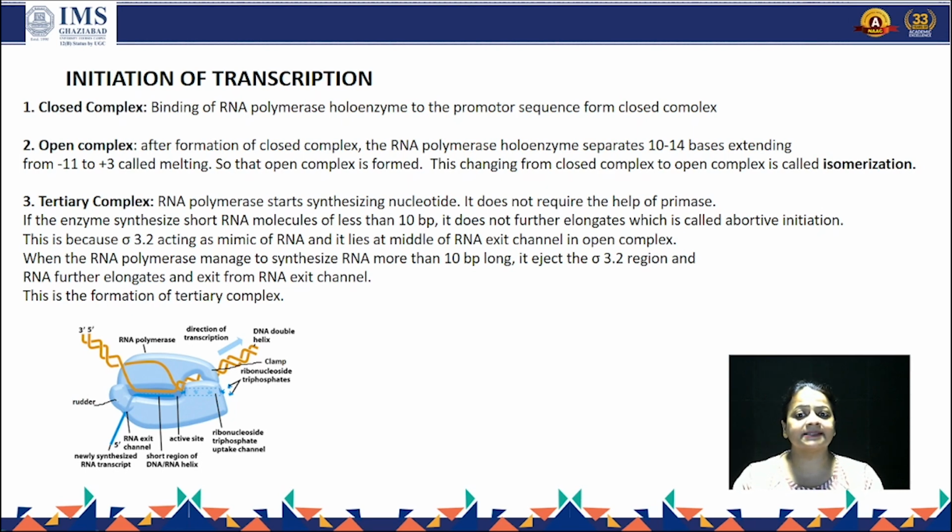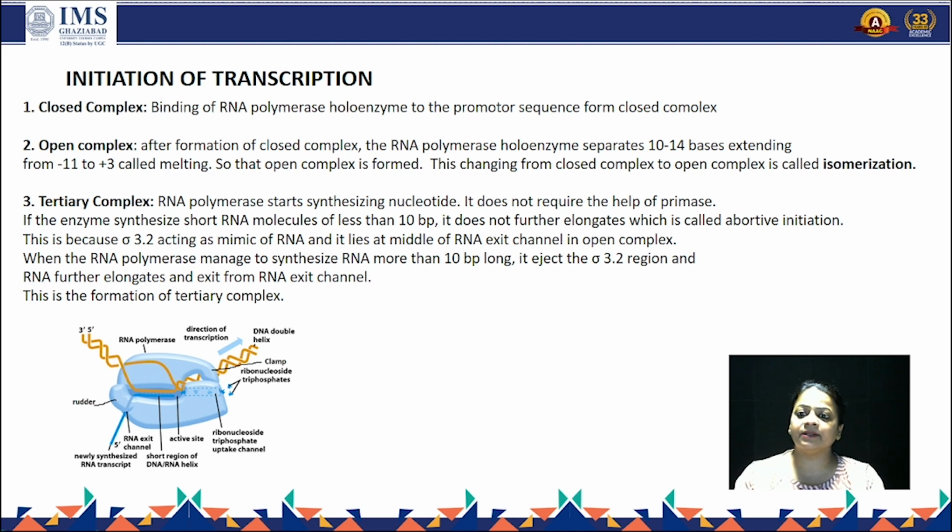RNA polymerase starts synthesizing nucleotides. It does not require the help of primase. If the enzyme synthesizes a short RNA molecule of less than 10 base pairs, it does not elongate further, which is called abortive initiation. This is because sigma 3.2 acts to mimic the RNA, and it lies in the middle of the RNA exit channel in the open complex.